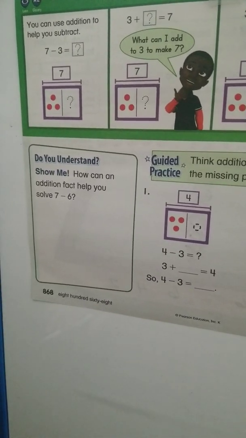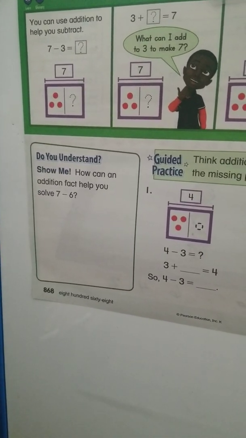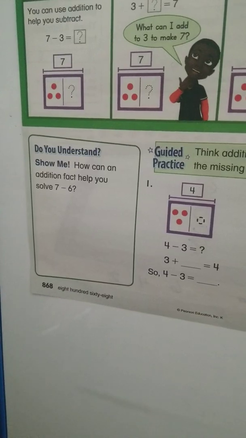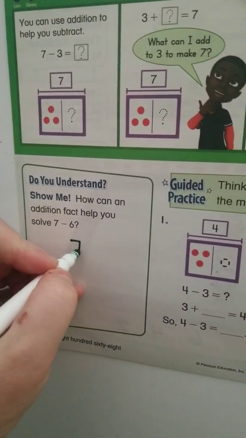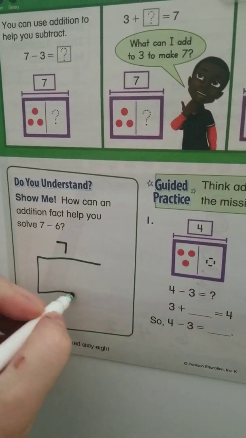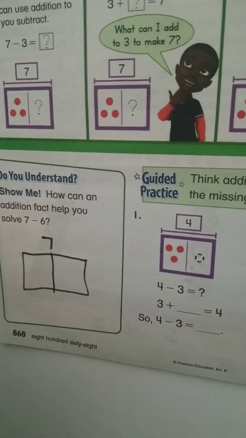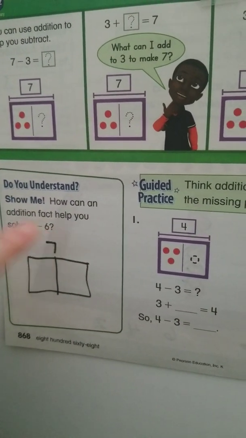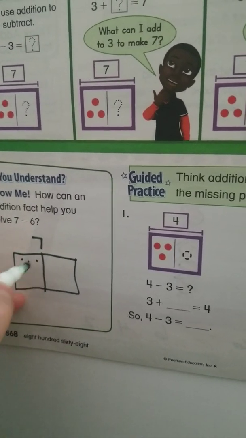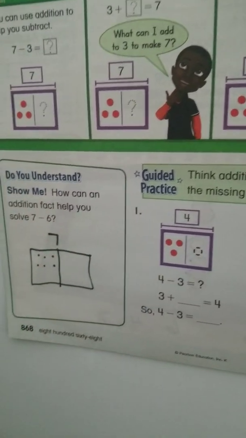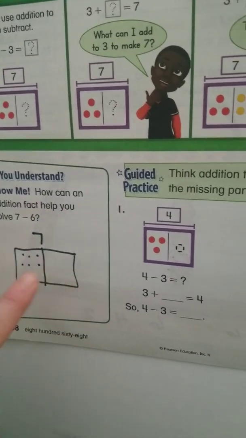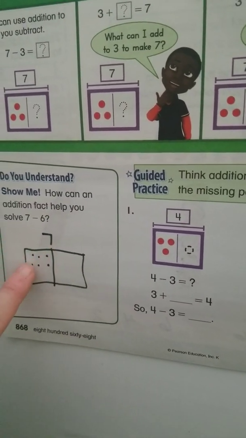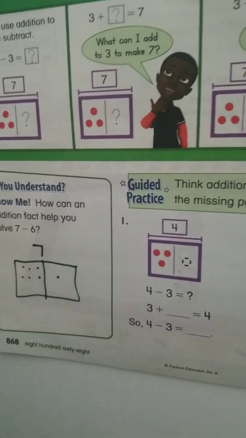How can an addition fact help you solve 7 minus 6? Well, if there's 7 altogether, and we know that one part has 6. 1, 2, 3, 4, 5, 6. How many more dots do we need to draw on this side to make 7? 1, 2, 3, 4, 5, 6, 7.